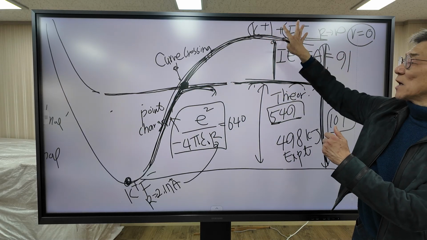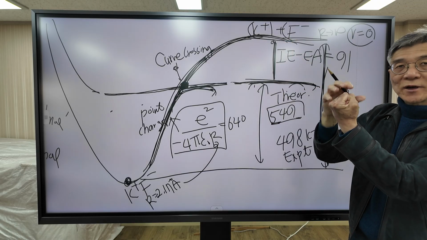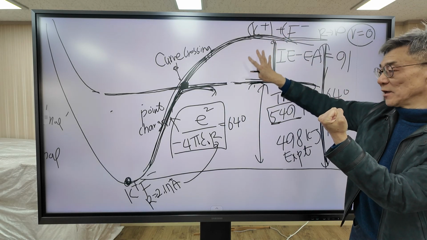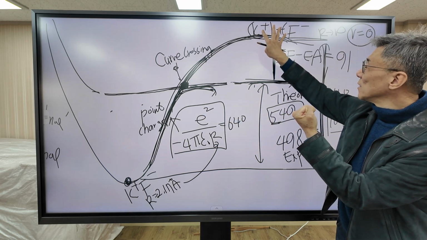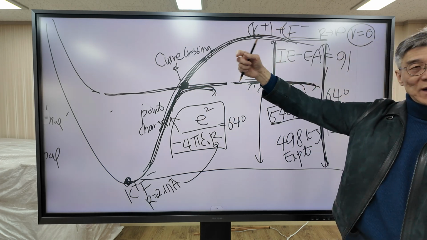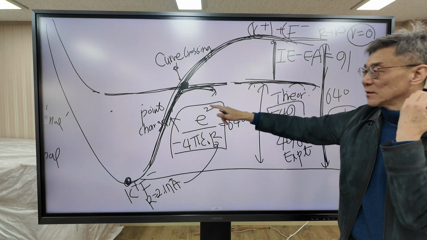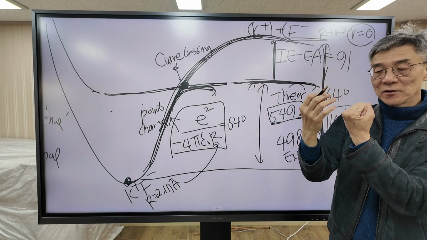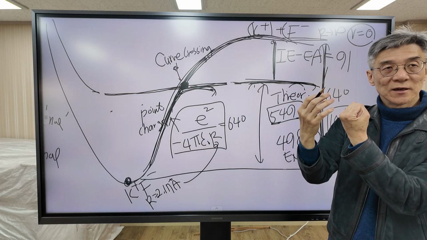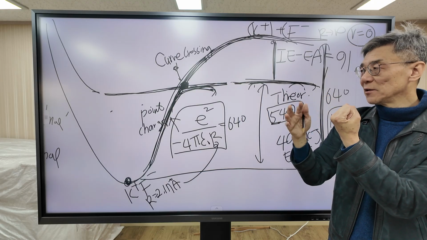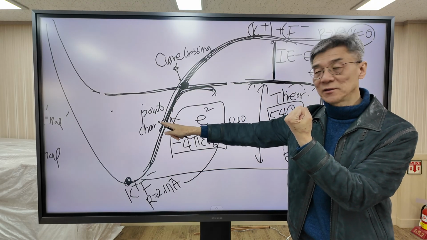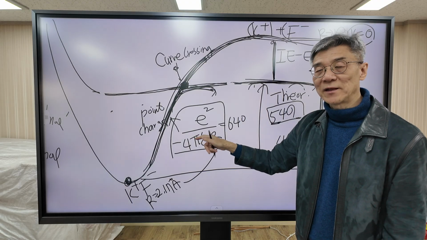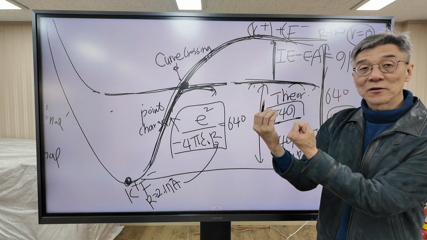This is an ion with the nucleus in the center, and the electron cloud is surrounded. So this is not actually point charge. When the ions are far apart, they can be approximated as point charge. But when they are close enough, the electron clouds are distorted. So they cannot be treated anymore as a point charge. So this expression is not good when they get closer.